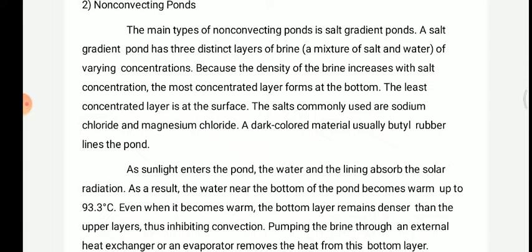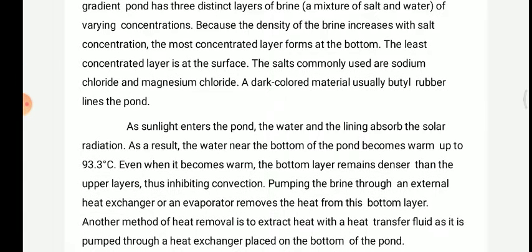Basically, it is a solution made from the mixture of salt and water. That's why the density of this solution will be different. So the concentration is different, and the density increases with the salt concentration. The most concentrated layer forms at the bottom.